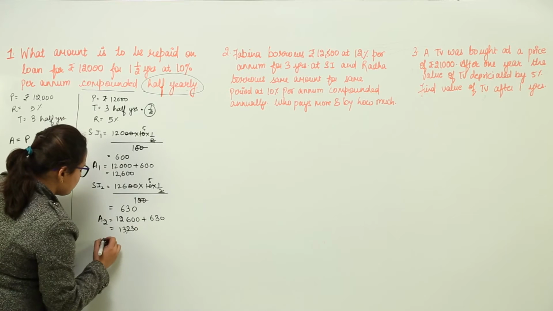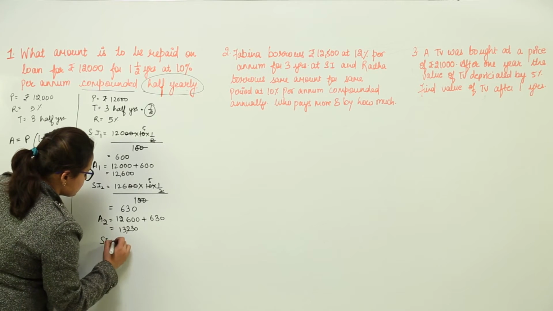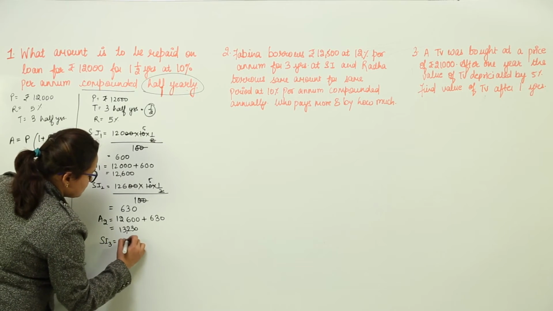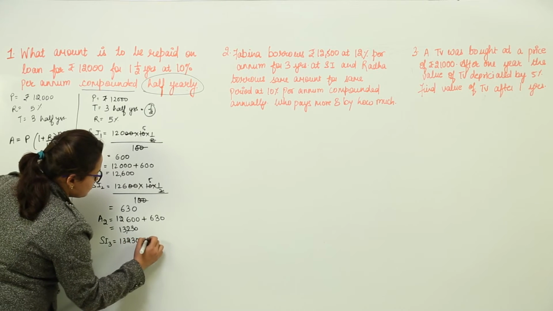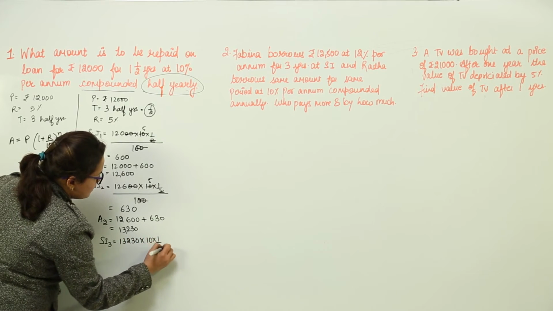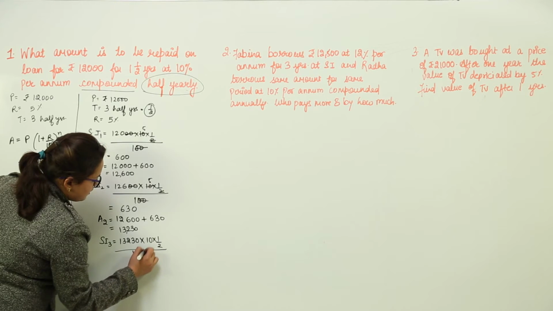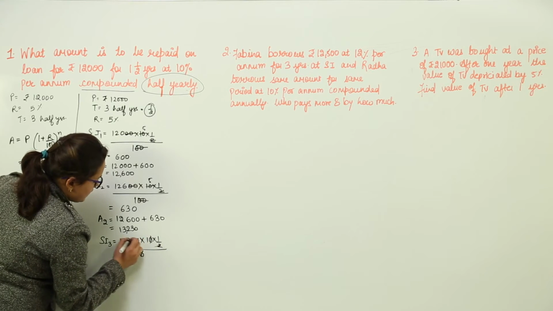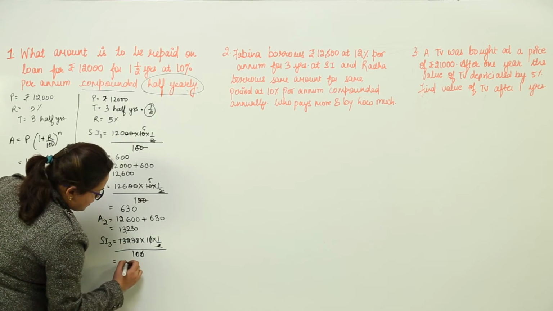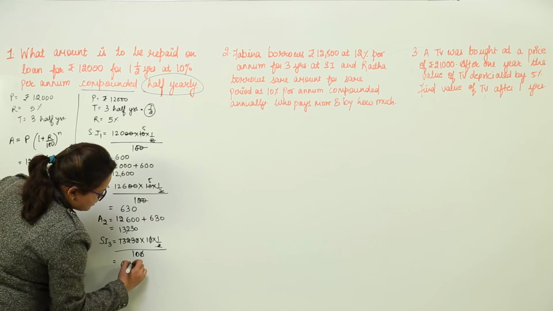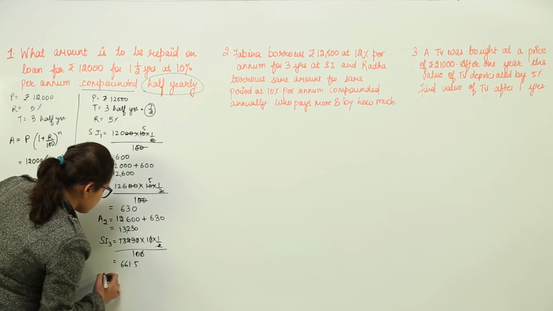Again for the third year, the simple interest will be calculated with 13,230 into 10 into 1/2 upon 100. On solving, we would get 2 sixes are 12, 2 sixes are 12, 2 ones are 2, 5. This is the simple interest.